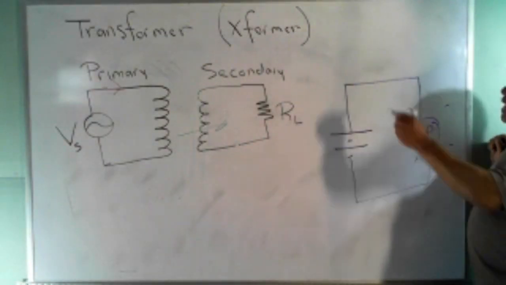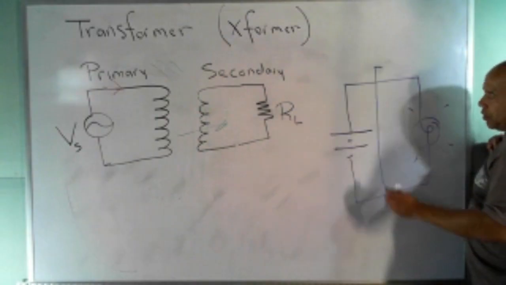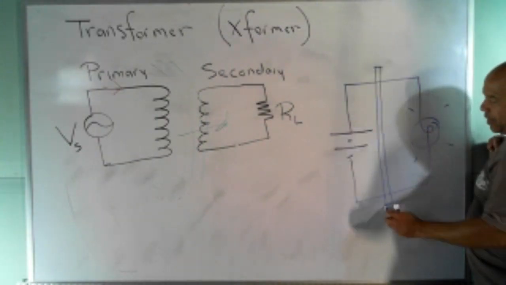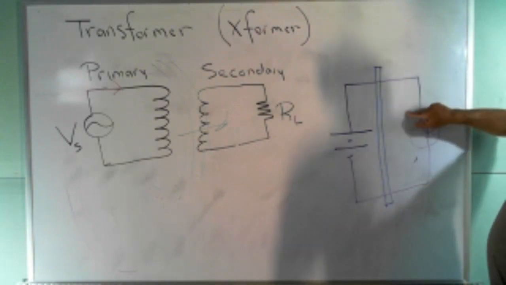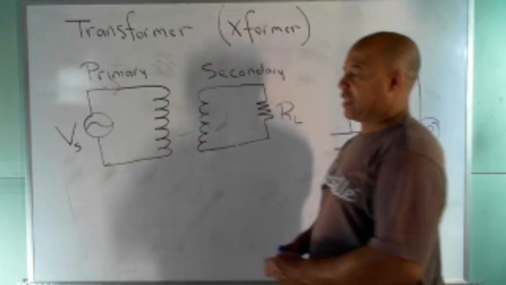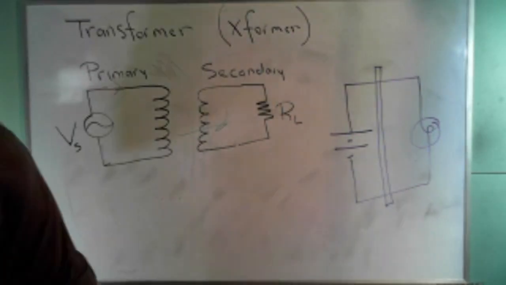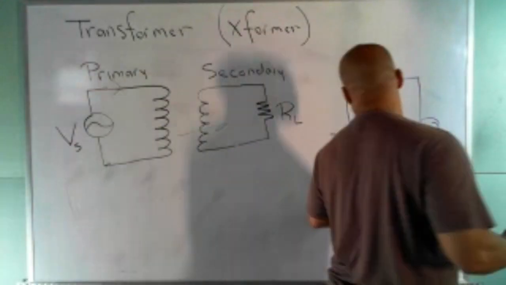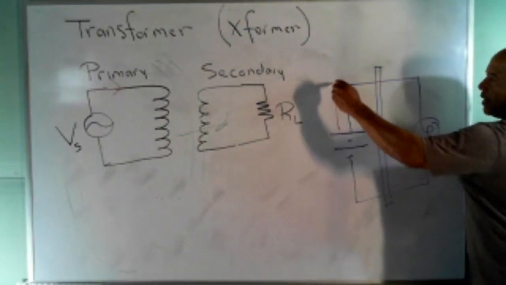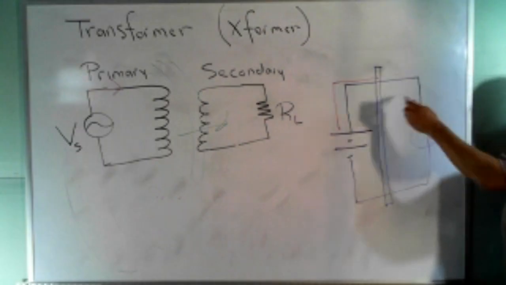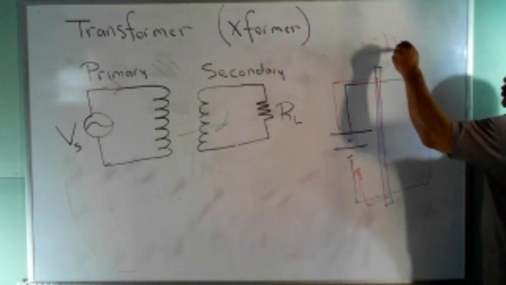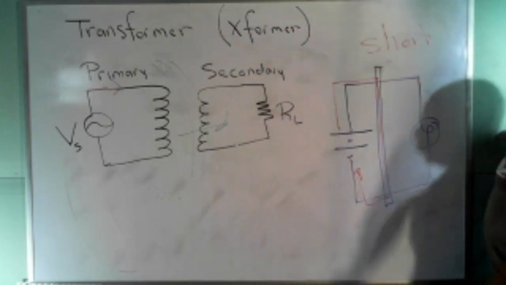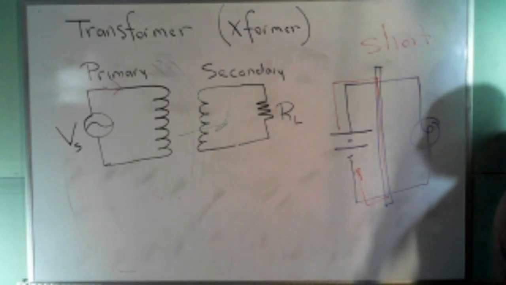I take a metal rod and just lay it across the circuit like that. If I do that, what's going to happen? That light bulb is going to go out. Why will it go out? Well, the reason it's going to go out is because current takes the path of least opposition, least resistance. The current's going to come out of here. Instead of going through the light bulb, it's going to go through here and back to the battery. That's called an electrical short. You say we got a short circuit, so the light bulb won't light up. Current takes the path of least resistance.